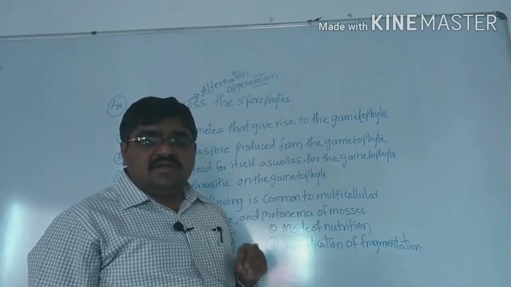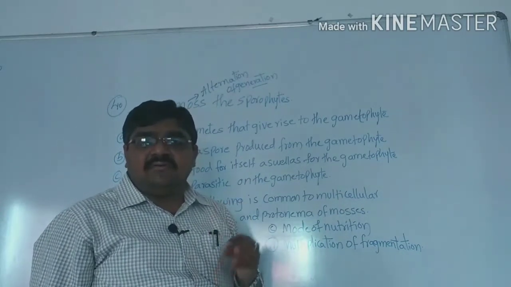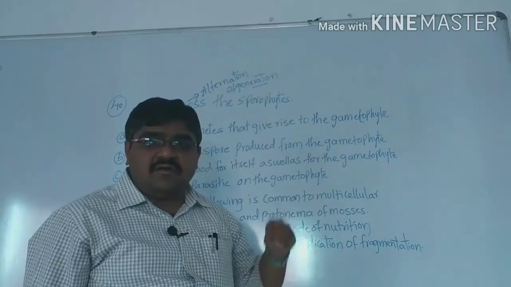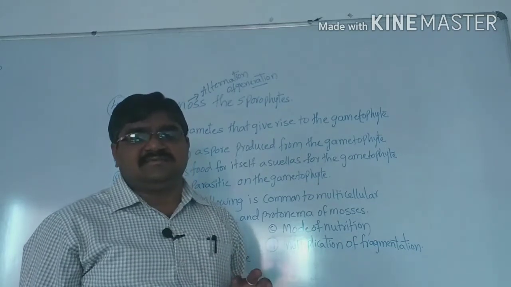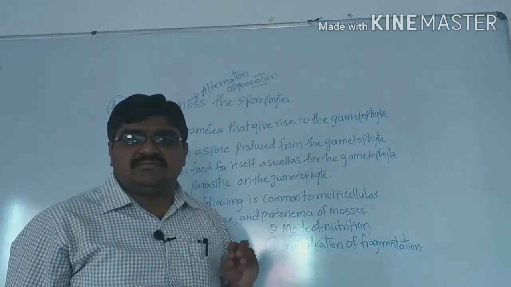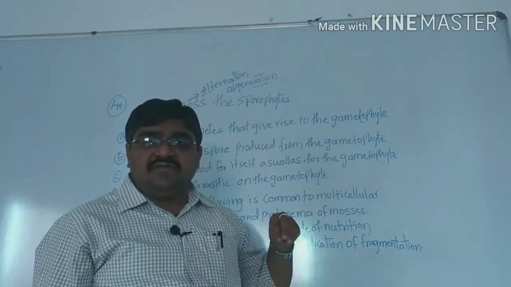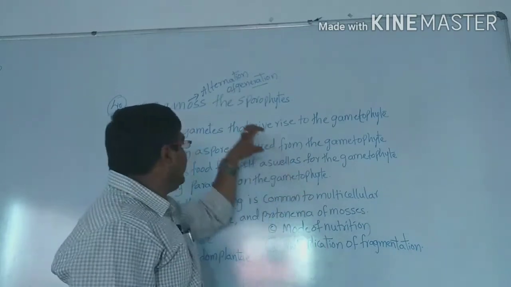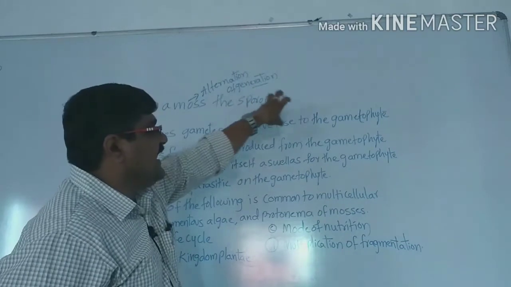Why? The sporophyte differentiates into foot, seta and a capsule. The capsule consists of spores. These spores fall on the ground and produce the gametophytic stages. So from that, the gametes are produced and give rise to a gametophyte.